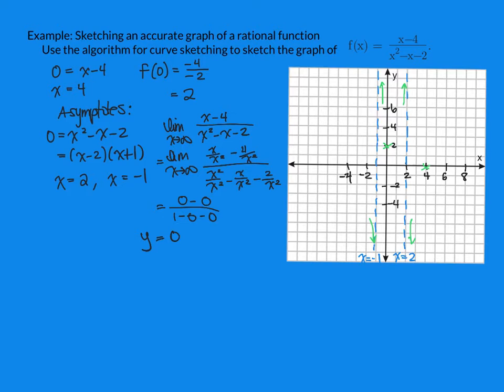And of course, we can write those out so when we come back, we remember. The limit as x approaches -1 from the right, we deemed was positive infinity. And -1 from the left is negative.